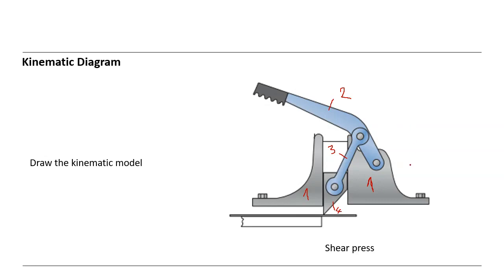The kinematic model, we can do the following. So this joint is fixed. Here we have a pin joint, fixed.